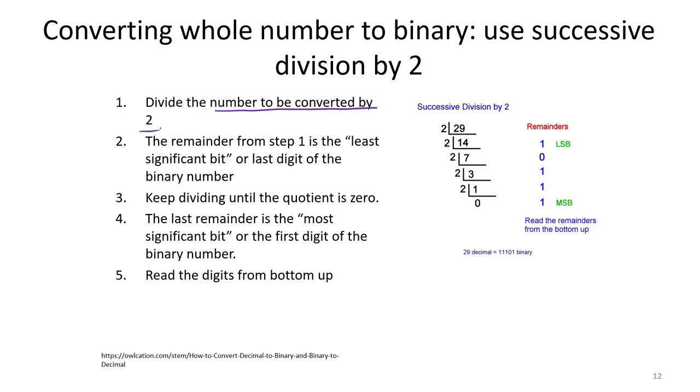And the remainder from that first step is the least significant bit, or the last digit, of our binary number. And we keep dividing until our quotient becomes 0. The remainder of that last division is our most significant bit, or the first digit of the binary number. And we read our result from the bottom up.